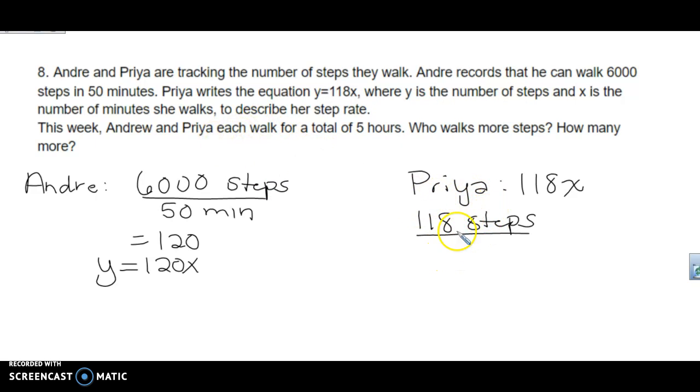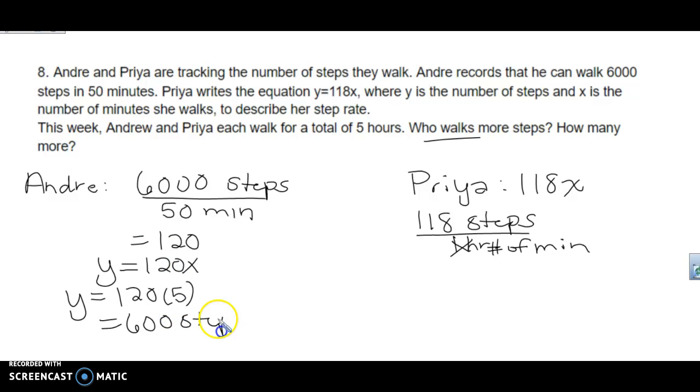This is steps, and this is the number of minutes here. So we want to know who walks more steps in 5 hours and how many more. So we're going to plug in 5 for x, and 120 times 5 is equal to 600 steps.